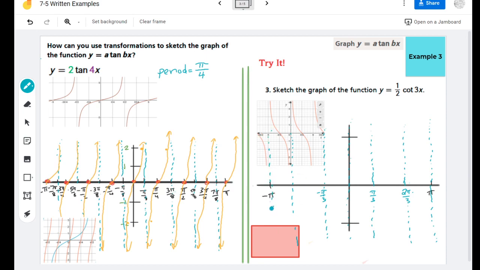Alrighty, so there's my asymptotes. So you could see that where 2 swoops would normally happen, now I have 6 swoops happening. Okay, that's what that 3 does, right? Because the period equals pi divided by 3. That's where I'm getting that from.